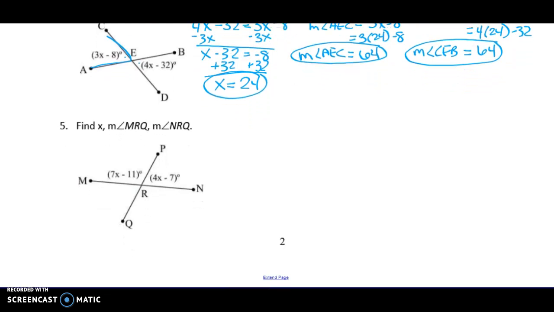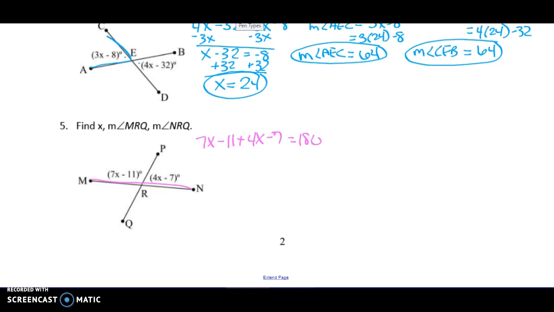And then here, we are again finding x and the measure of each of those angles. So using my relationships, I can see that that's a linear pair. Linear pairs, we know, add up to 180 degrees. So I just add the two angles. And we will combine our like terms.